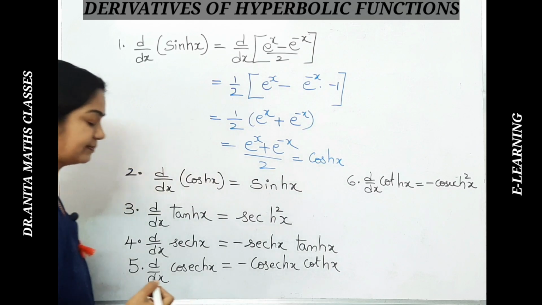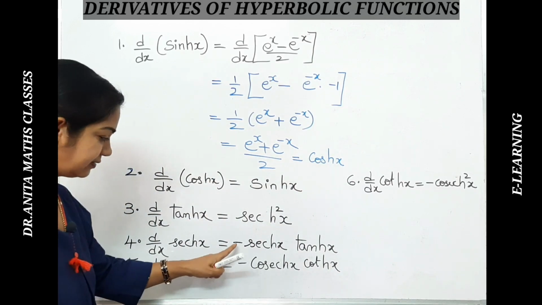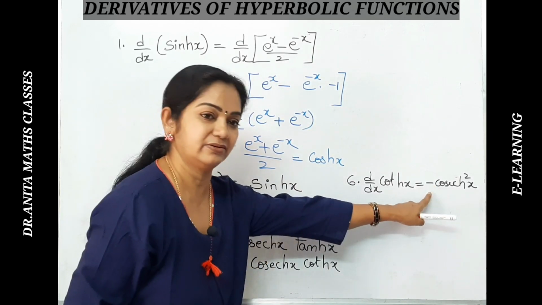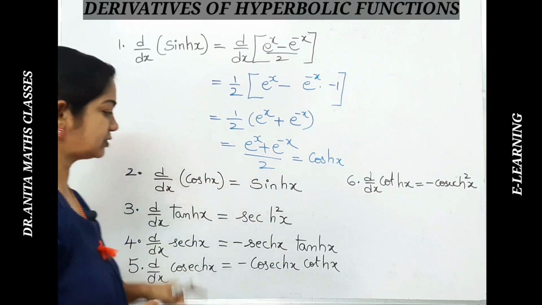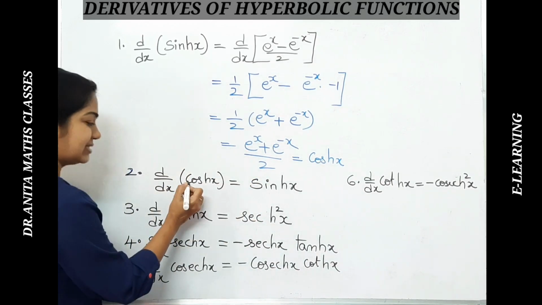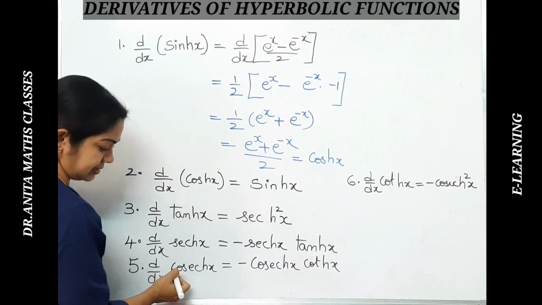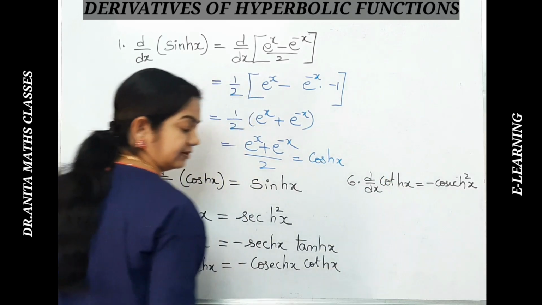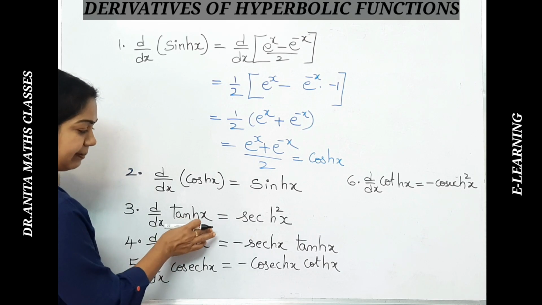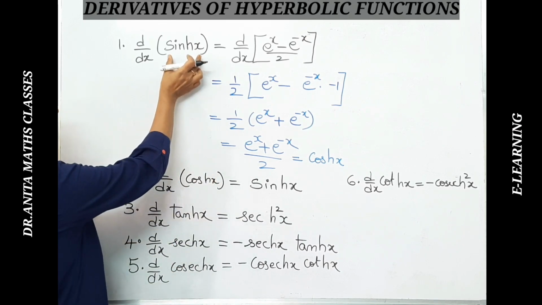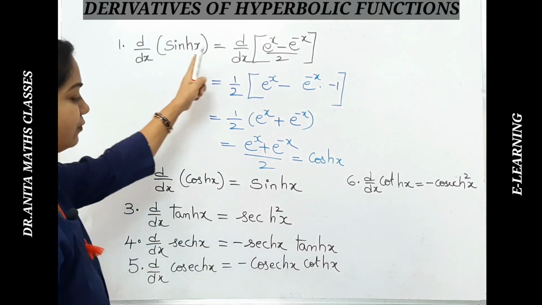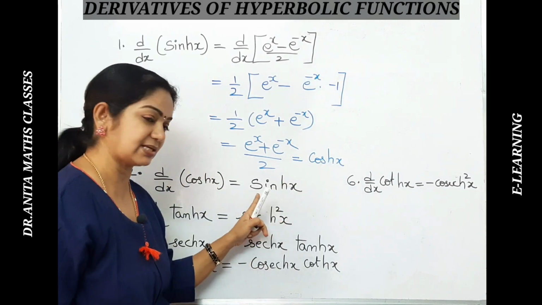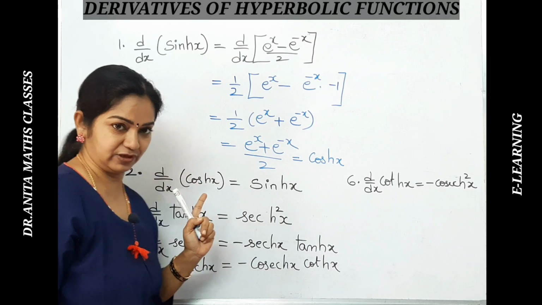So if you observe here, we have negative signs for all these three, whereas when we compare with the trigonometric functions, we have negative signs for only the c functions. But here that's not happening. For sine h of x, cos h of x and tan h of x, the derivatives are all positive, that is cos h of x, sine h of x and secant square h of x.